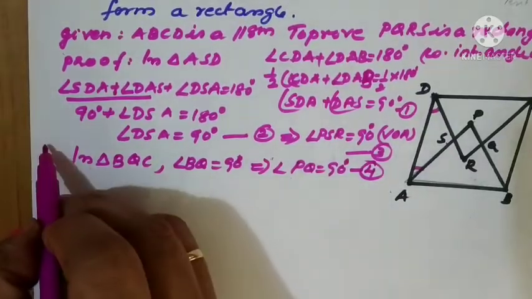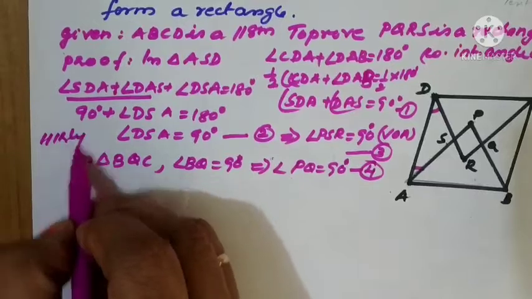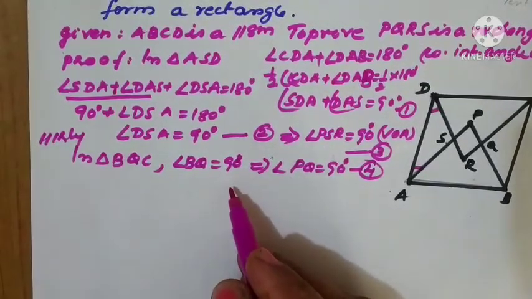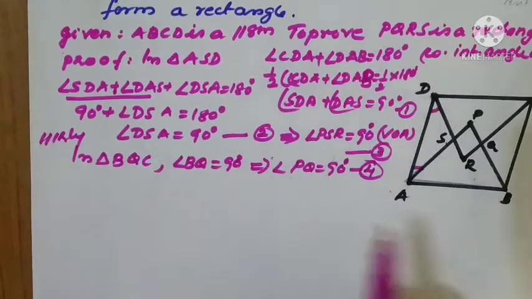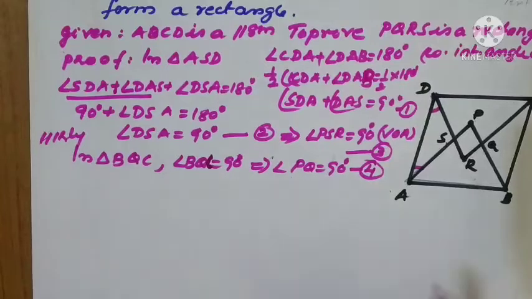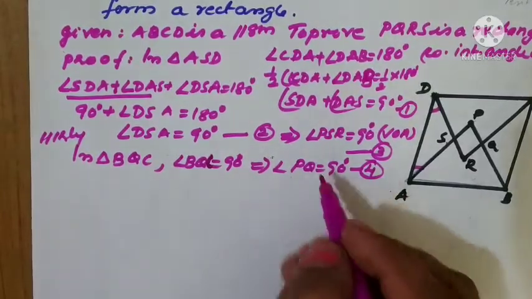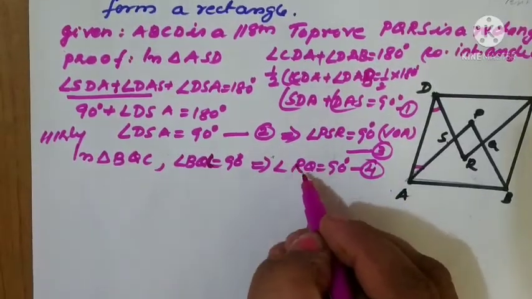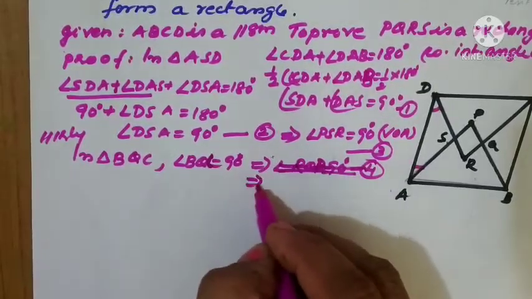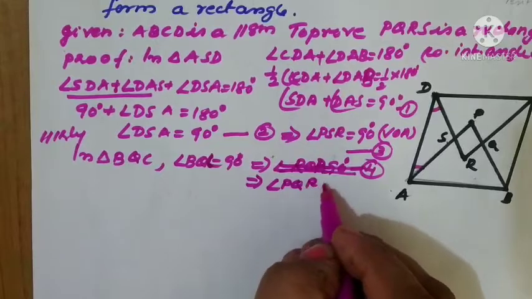Same procedure, similarly, in triangle BQC, angle BQC I should write, C is missing here. Angle BQC is equal to 90. This implies that angle PQR equal to 90 degree.